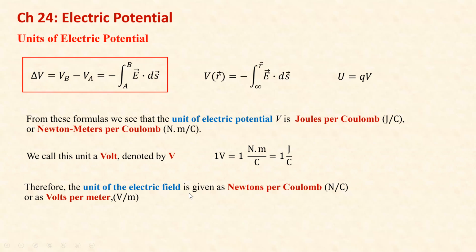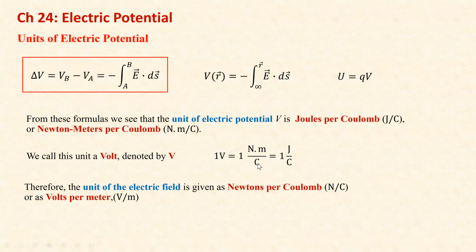Therefore, the unit of the electric field is given as Newton per Coulomb, as we had before, or you can now say it is volt per meter, right? Because this electric field has unit of volt over meter, so the electric field will be volt per meter, okay?